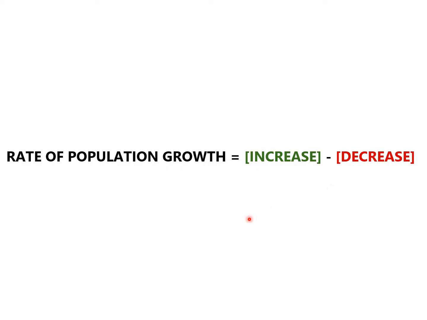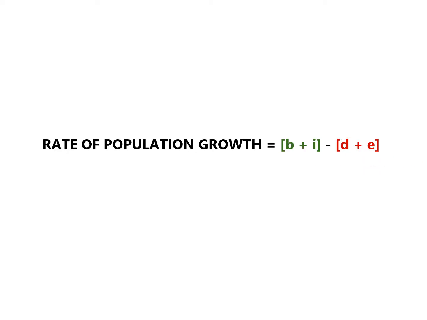If we were to introduce this idea, and if you've ever taken an ecology course, you've probably run into some of these models where the rate of population growth is a function of how a population is increasing and how a population is decreasing. There are different ways that can happen.